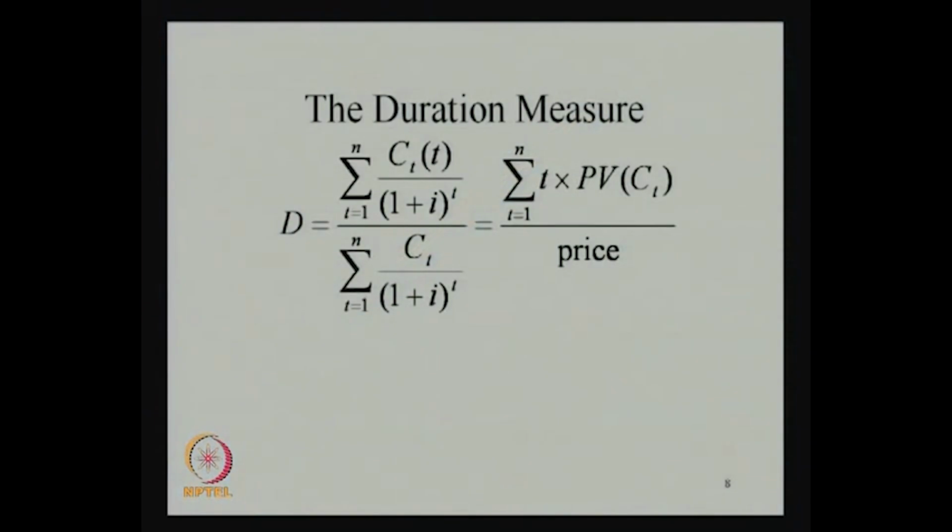That is why it is written here: the duration is nothing but the present value of the coupon, discounted, multiplied by the time period T, divided by the price level, and that will give you the value of the duration of this particular bond.